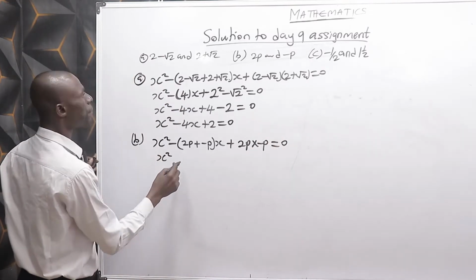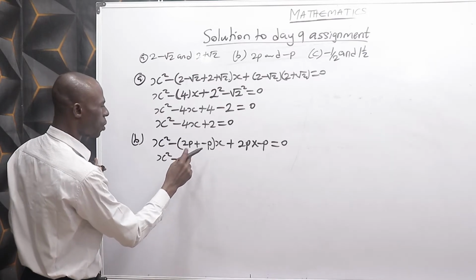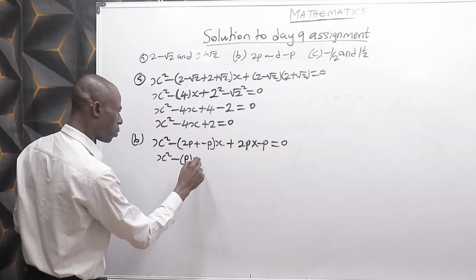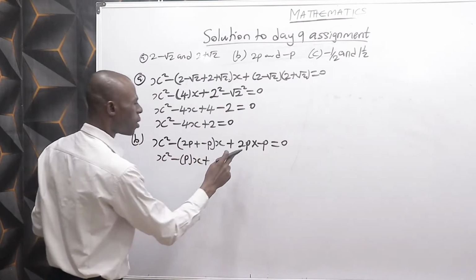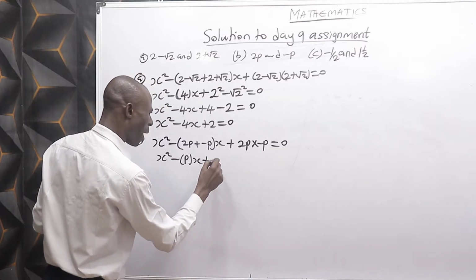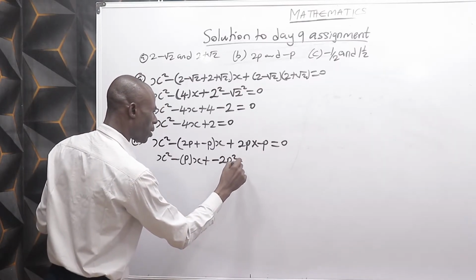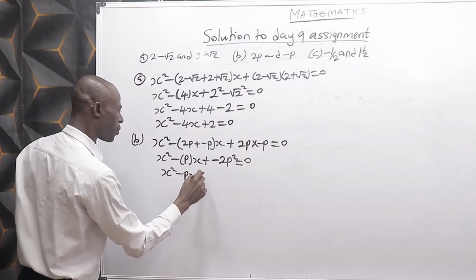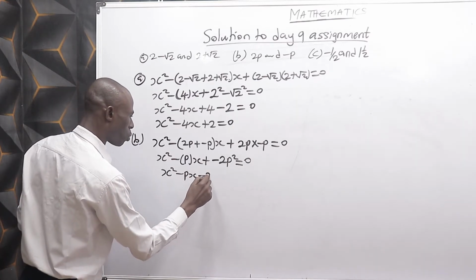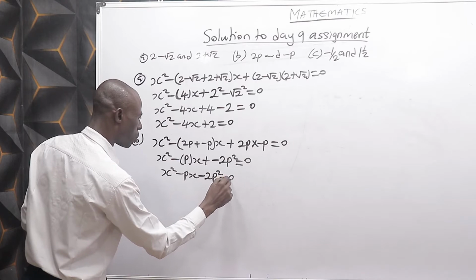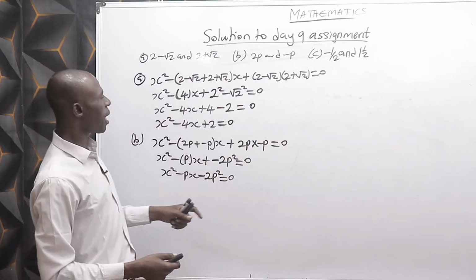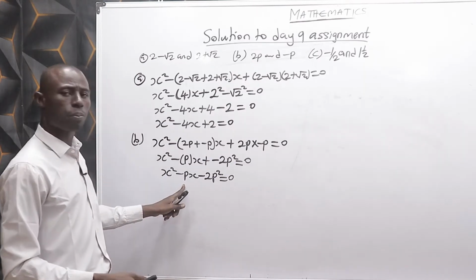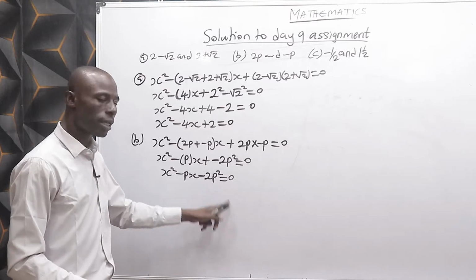So this is x squared minus the sum 2p plus minus p, that gives us p, into x, plus 2p times minus p, that is minus 2p squared, equals 0. So this is x squared minus px minus 2p squared equals 0. The quadratic equation whose roots are 2p and minus p is x squared minus px minus 2p squared equals 0.